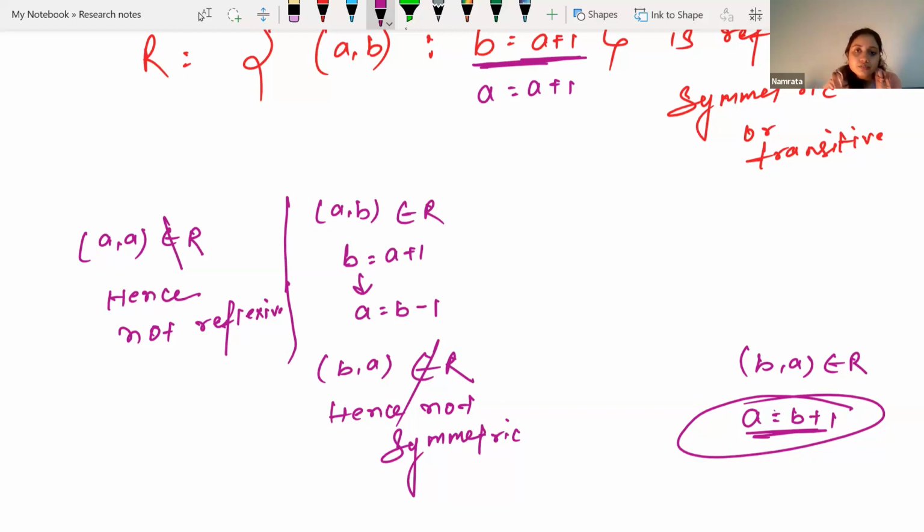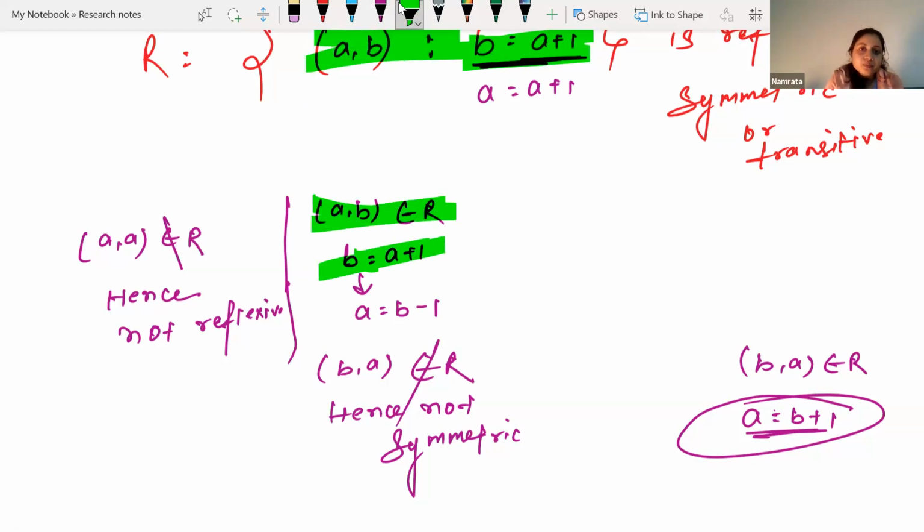From where I am writing this, you can focus over here, I am copy pasting this one: according to the given ordered pair, if (A, B) belongs to this relation, then B must be equal to A plus 1, and when we solve it, we get A is equal to B minus 1. But the condition of symmetry says that if (A, B) belongs to R, then (B, A) must belong to R. If (B, A) belongs to R, what does that mean?